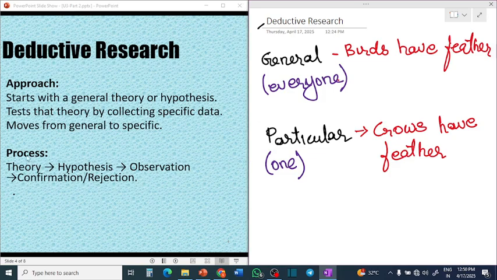So in deductive research, you can see the process. First there is a theory. Our theory is that all birds have feathers. Second, we go on to a hypothesis.